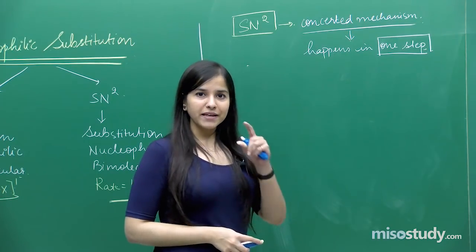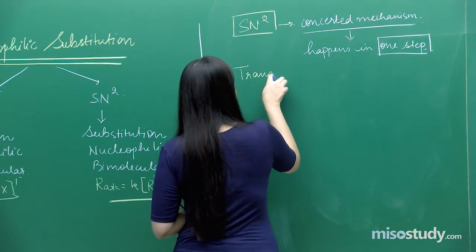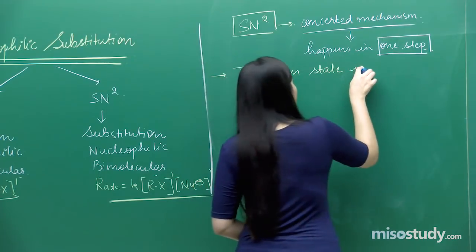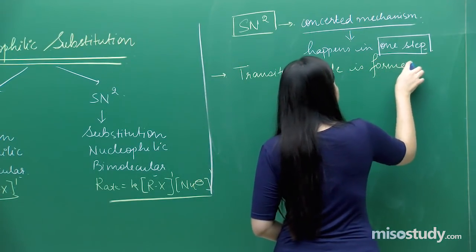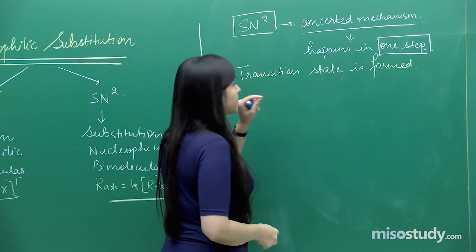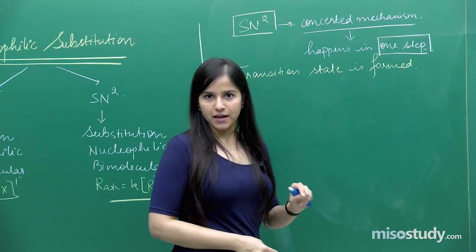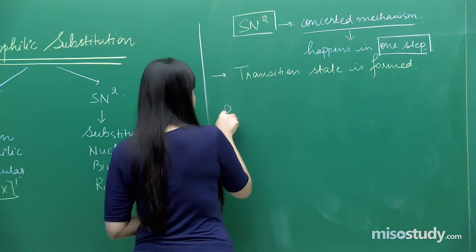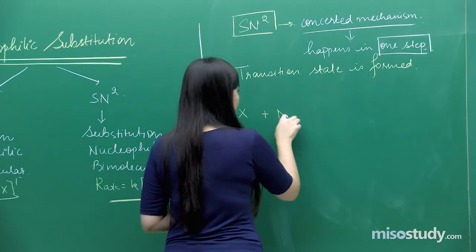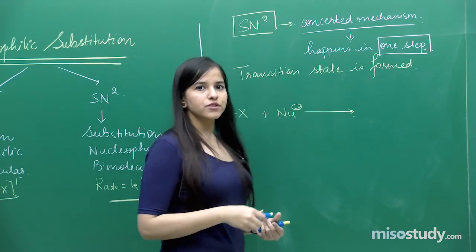What is the main thing formed over here, which we are concerned with, is the transition state. So here the transition state is formed, and now let's move on to the very next reaction. The very simple procedure that I am going to tell you over here: RX, alkyl halide, and the nucleophile in the presence of some solvent. Now what kind of solvent do we take over here?